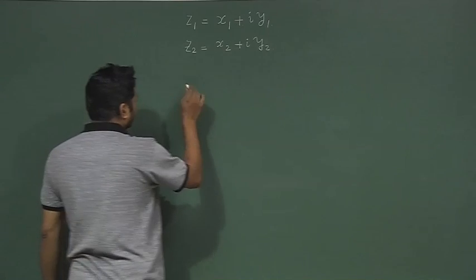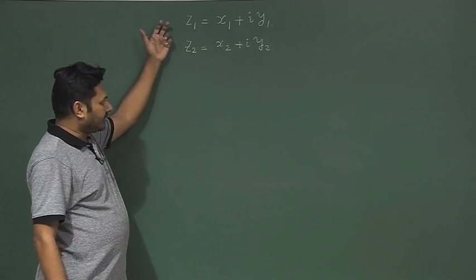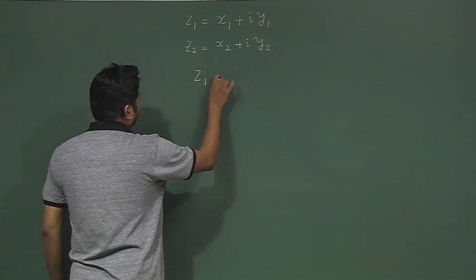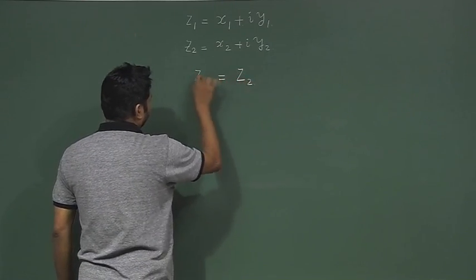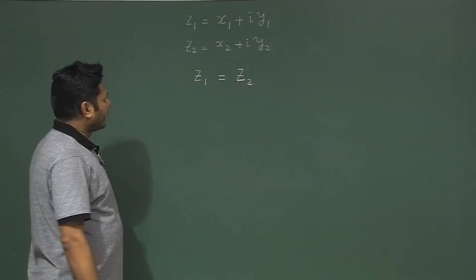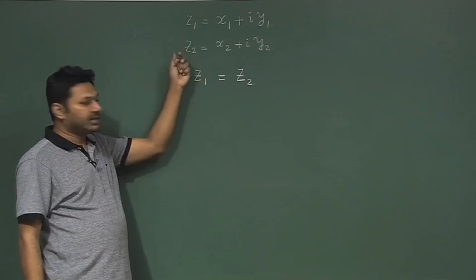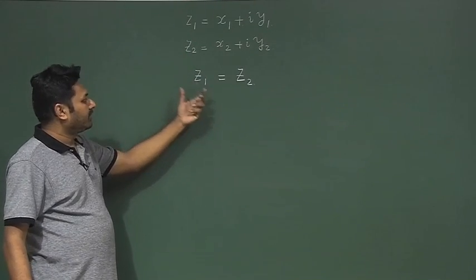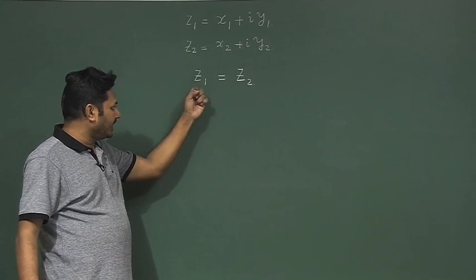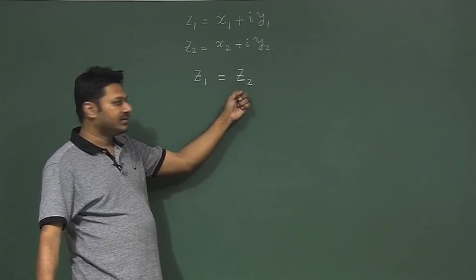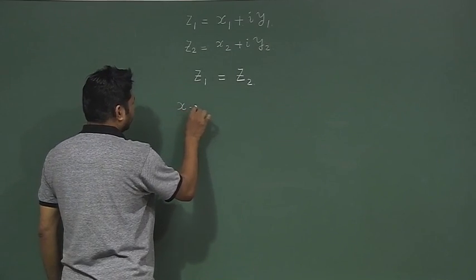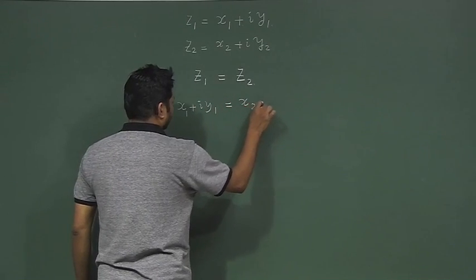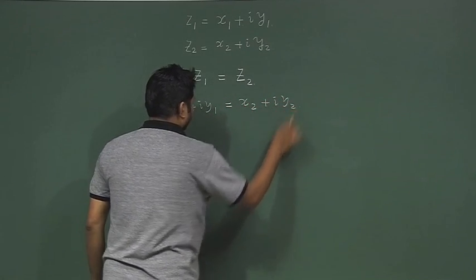Now, an interesting thing, the first fundamental thing that I should have mentioned earlier. Before we add and subtract, which are basic operations we always do, we need to know that if two quantities z1 and z2 are equal to each other, what is the meaning of that? That means x1 plus i y1 is equal to x2 plus i y2.